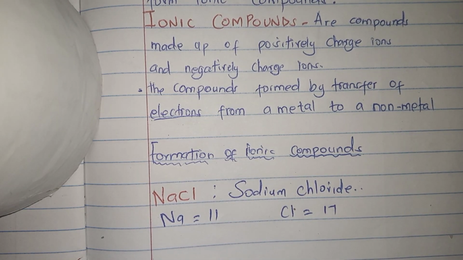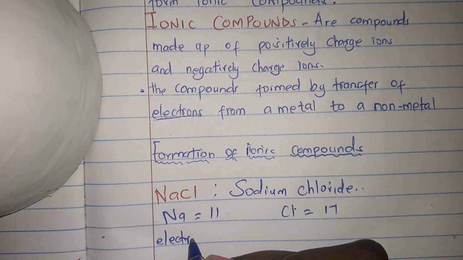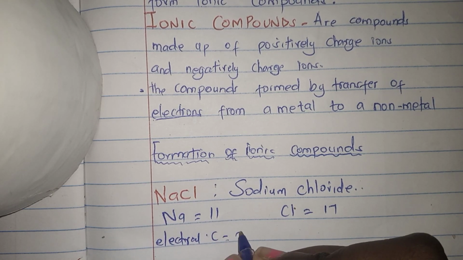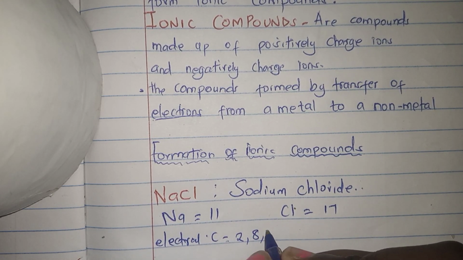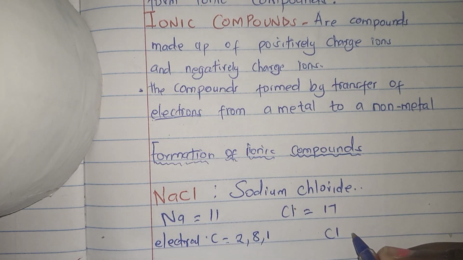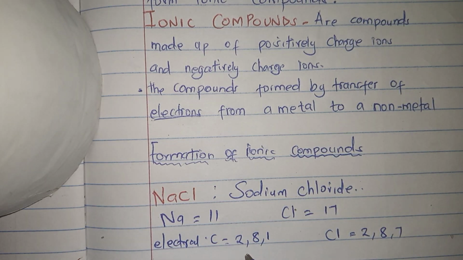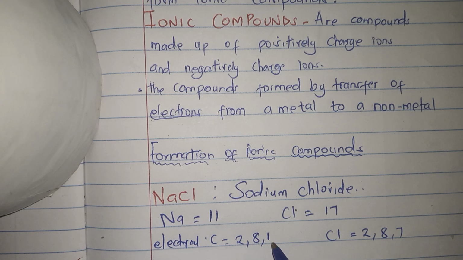You know that sodium has electron configuration of 2,8,1, and on the other side chlorine has 2,8,7. So this means that sodium has 1 electron on the outermost energy level, or on the outermost energy shell.